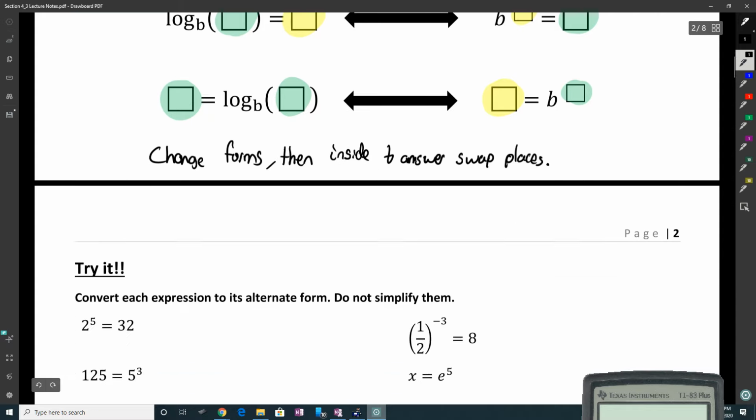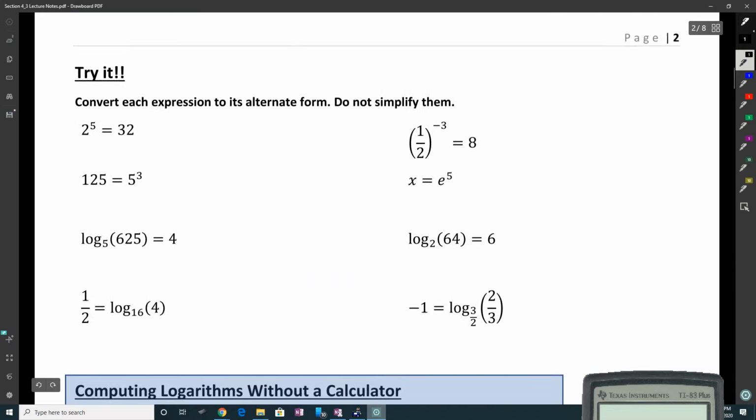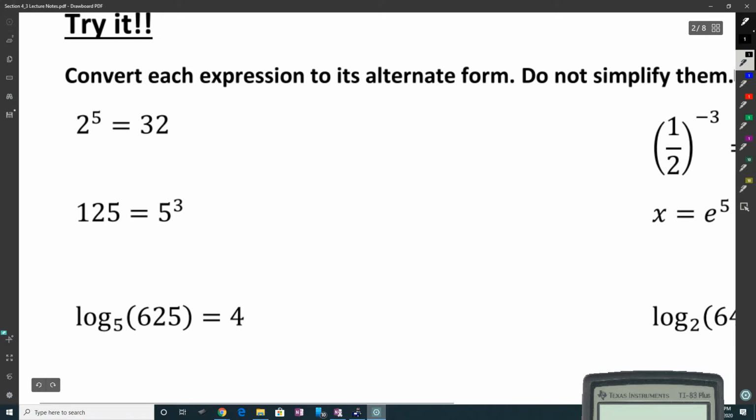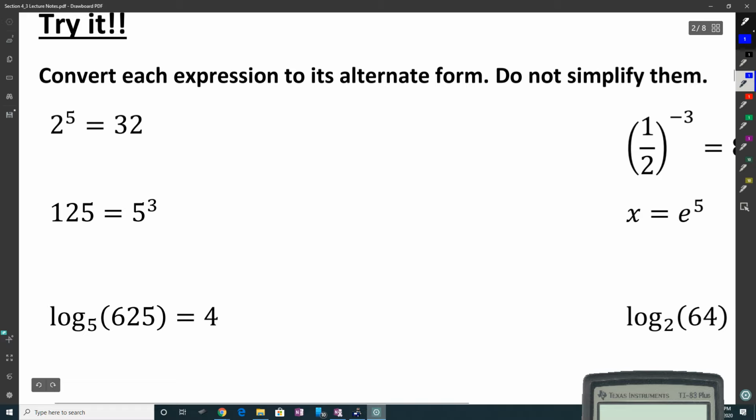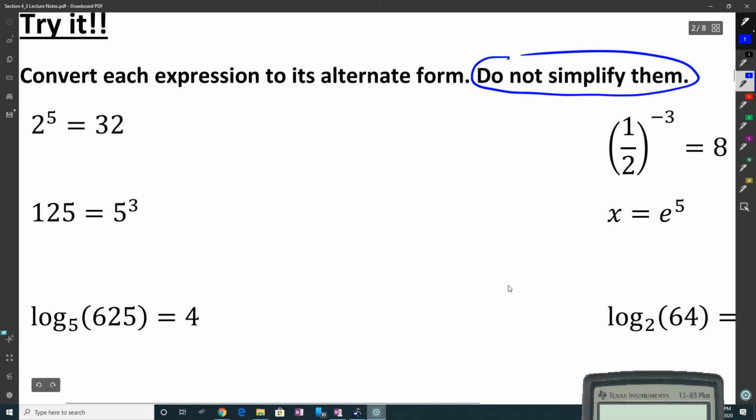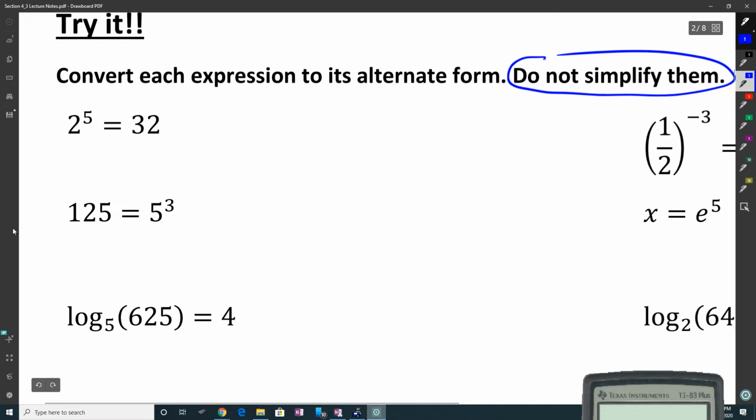So let's look at this example. We're going to convert each of these to their other form. On the homework, you have a bunch of these, and they want you to not simplify them, because they're all going to be true. 2 to the 5th is 32. I know that. But I want to write this as a log. So first, we look at the base.